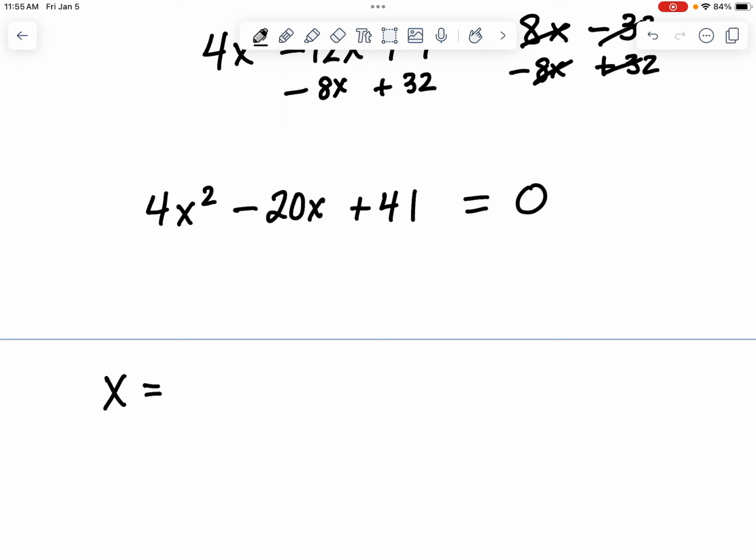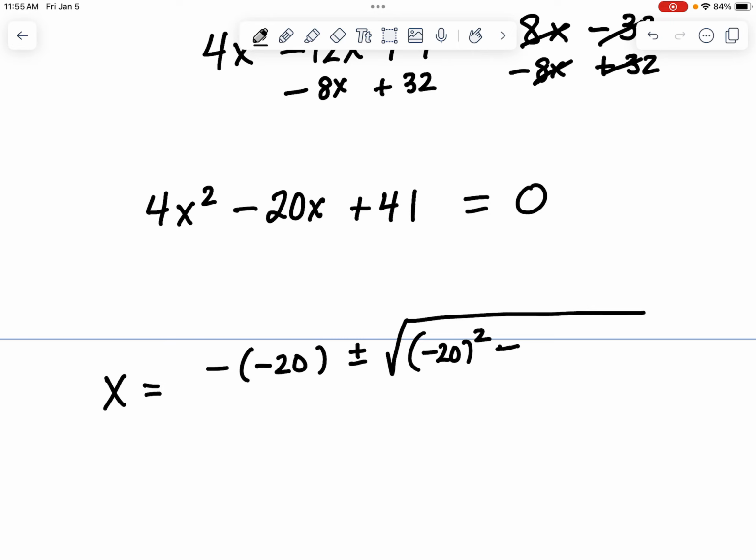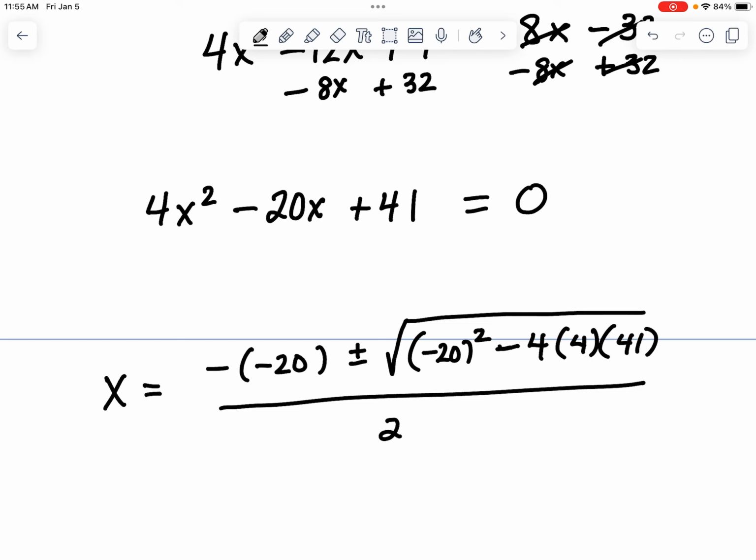So x equals negative b plus or minus the square root, the b gets squared, minus 4 times a, which is a 4, c, which is a 41, and then all of that's divided by 2 times the a. And then I'm just going to simplify a little bit before I use the calculator.